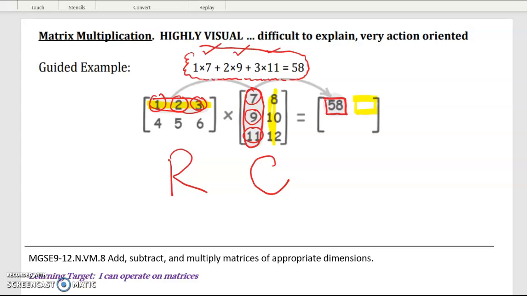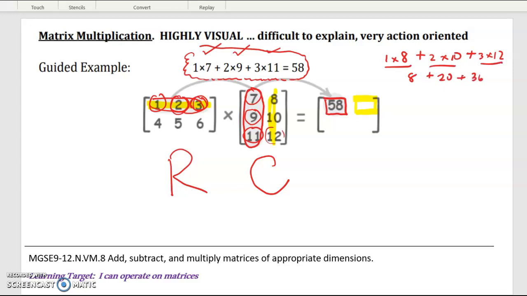All right, so here we go. 1 times 8, I'm going to do the work up above it. So we have 1 times 8. Then we have 2 times 10. And then we have 3 times 12. And then we add all of those together. So 1 times 8 is 8. 2 times 10 is 20. 3 times 12 is 36.